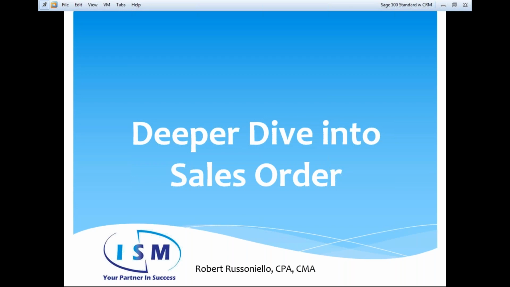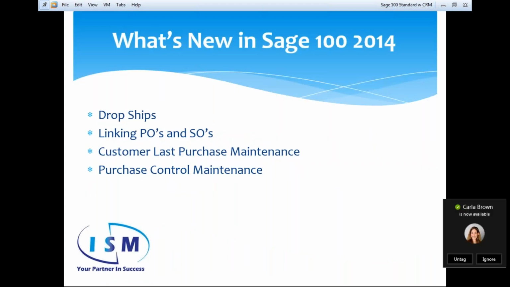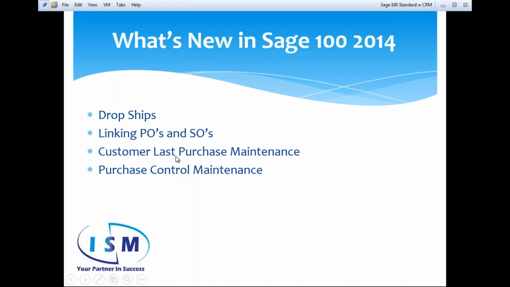Okay, so we're going to look at maybe some tasks in the sales order module that most folks are not aware are available. Specifically, we'll be looking at Dropships, linking POs and SOs, reviewing customer last purchase maintenance, as well as purchase control maintenance.